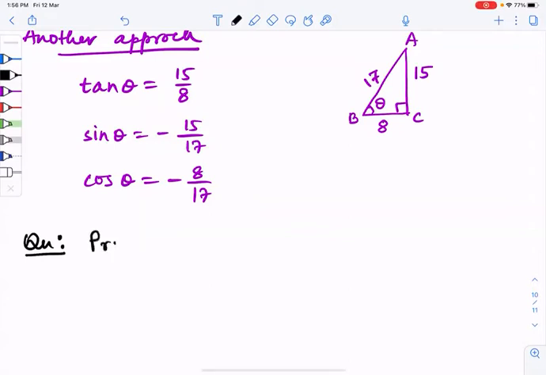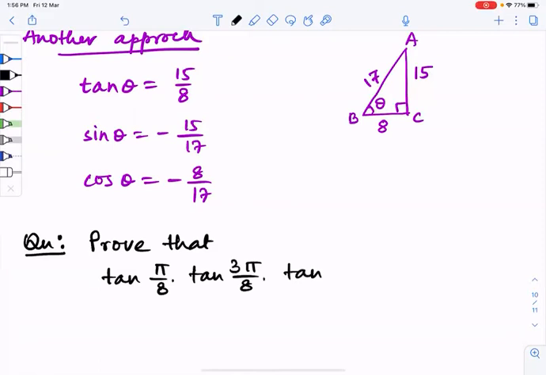Prove that tan pi by 8 into tan 3 pi by 8 into tan 5 pi by 8 into tan 7 pi by 8 equals 1. You have to prove this.